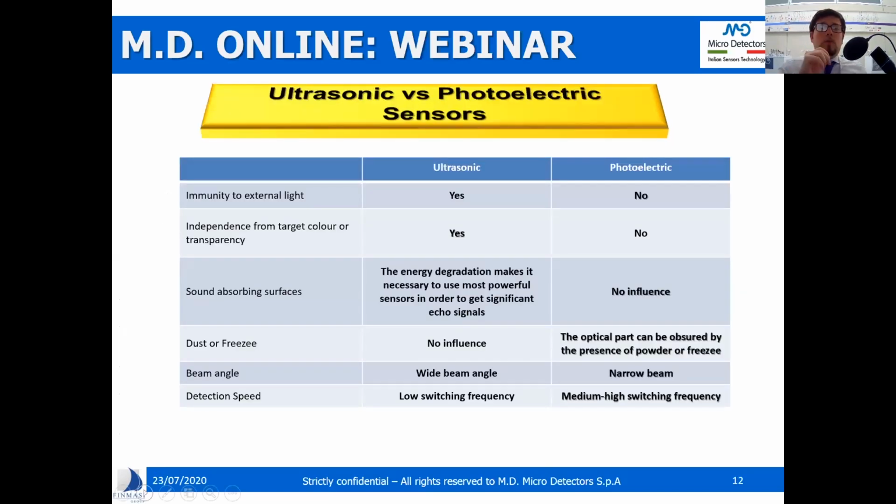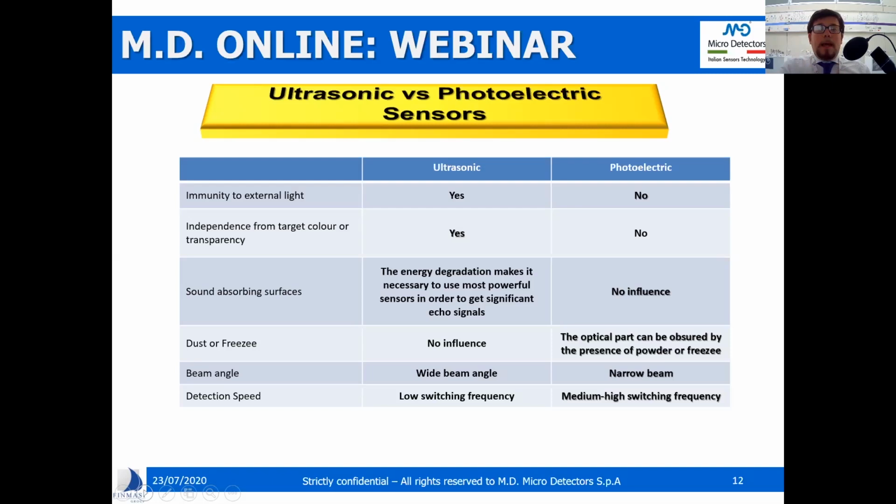Okay, just to conclude this first theoretical part, we want to show you a comparison between these two interesting technologies. On one side, the ultrasonic technology, on the other side, the photoelectric one.